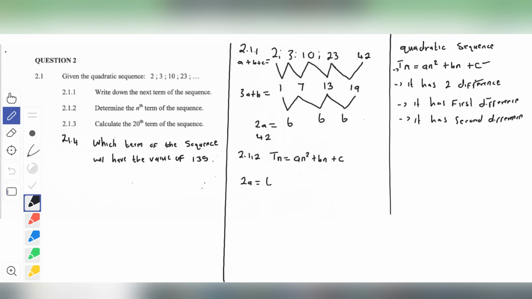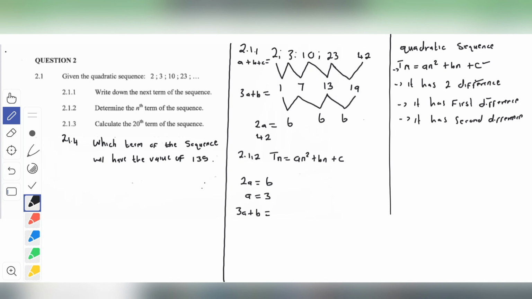We can see that here it's 6, right? Then we are going to calculate for a, and when we calculate for a, we are going to get 3, right? And then now we come to the first difference. We know that 3a plus b is equal to the first value from the first difference.